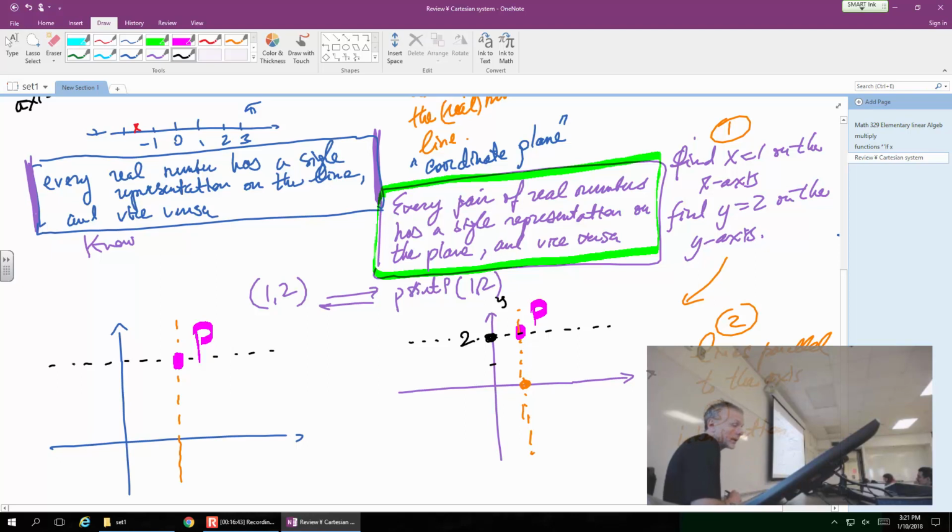And then find the intersections with the axes, and those will give me my coordinates.